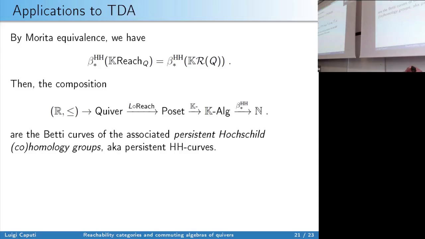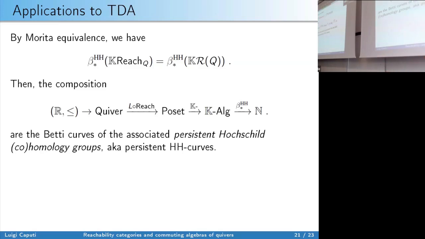And Hochschild homology is an invariant up to Morita equivalence. So this means that the Betti curves associated to the category algebra of the reachability category and of the reachability poset are the same. So from a topological point of view, the Betti curves are really the same, and we can use either the reachability categories or the reachability posets.